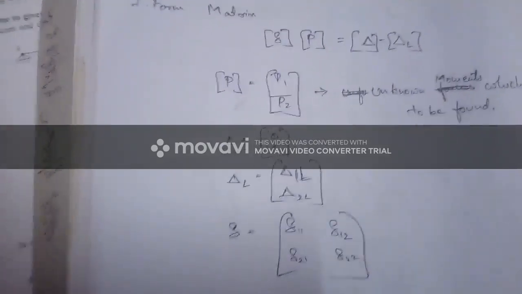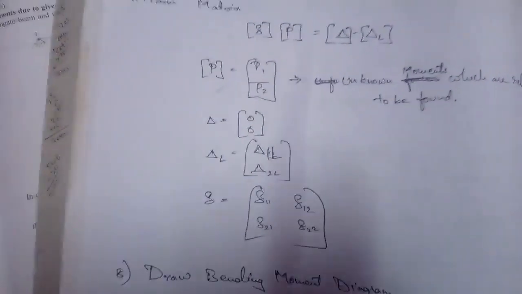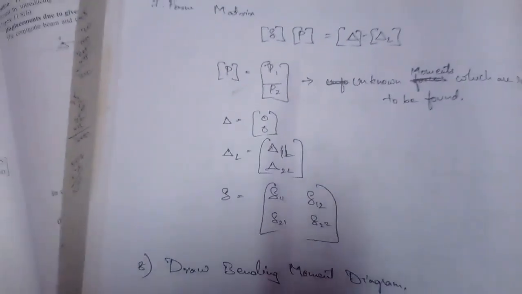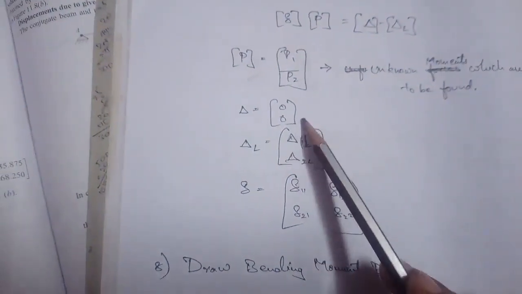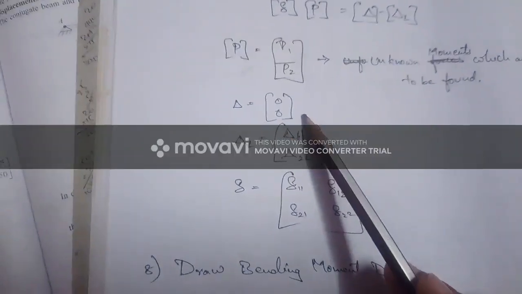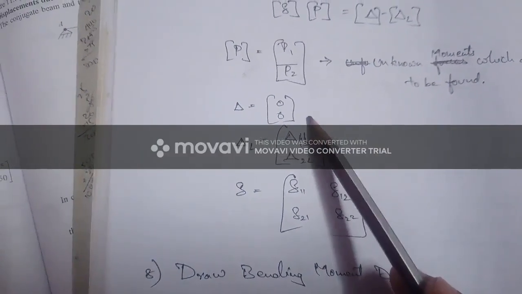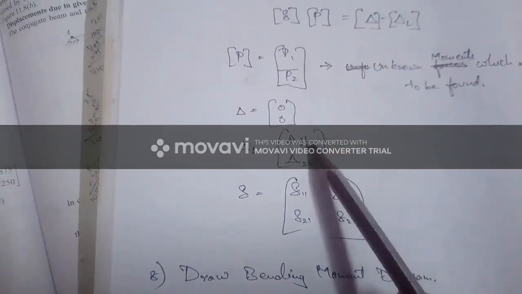This delta matrix comes into existence when you have a sway load, or any displacement or sinking in the supports exists, then you will have these values. Or else, if a sway load is acting on the frame, then the delta matrix is considered.